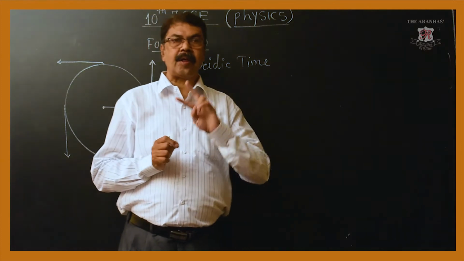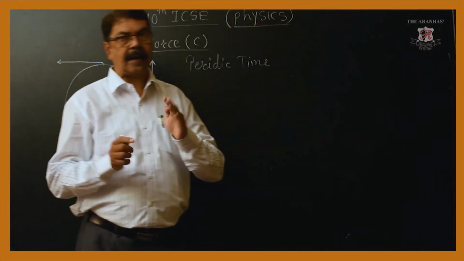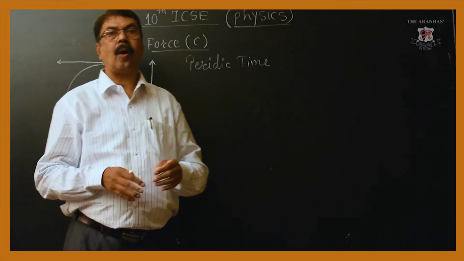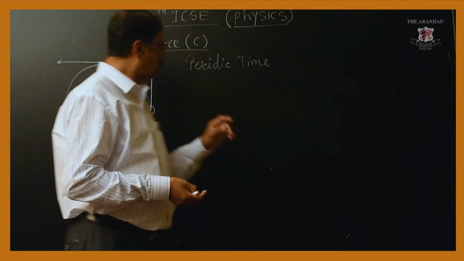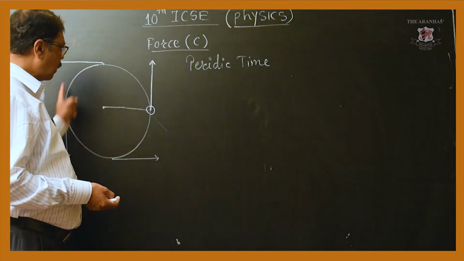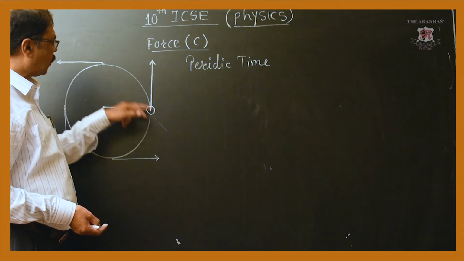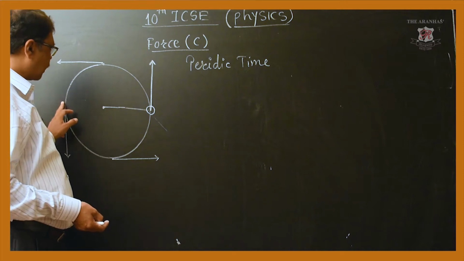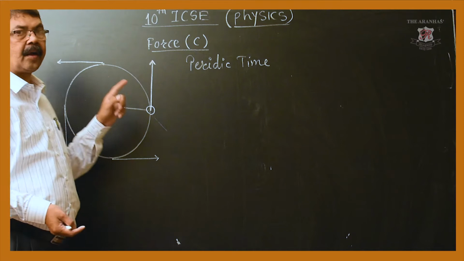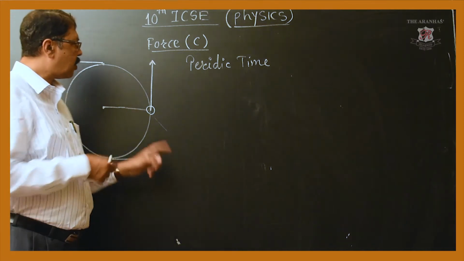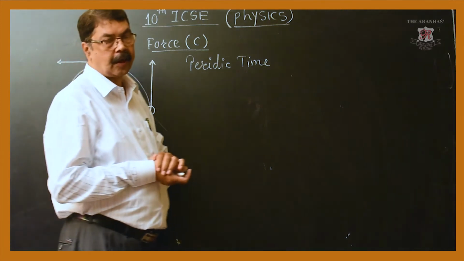A vector can be changed by two or three methods: either change its magnitude, or change its direction, or change both. In this case, if the particle covers, say, this much distance in 1 second, next this much distance in 1 second, then we can say that the speed of the particle is constant, but the direction of the speed, that is velocity, is continuously changing.